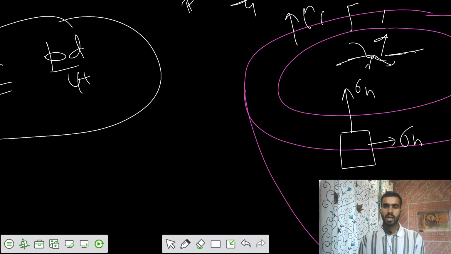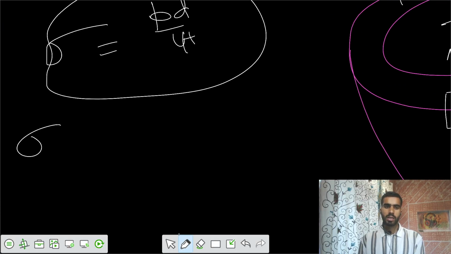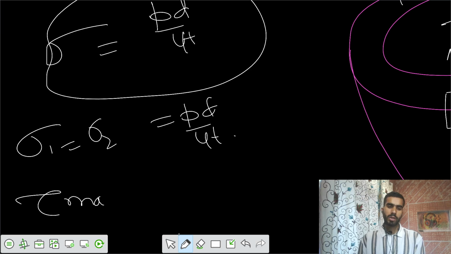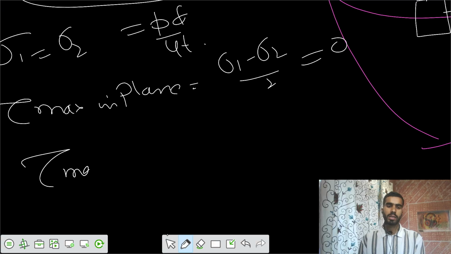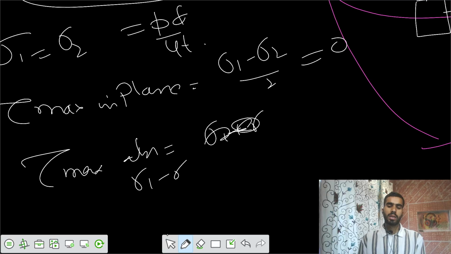Here sigma 1 equals sigma 2 equals PD by 40, and the value of tau max in plane equals sigma 1 minus sigma 2 by 2, that is 0. You can also calculate tau max absolute: sigma 1 minus sigma 2 by 2, sigma 2 by 2, sigma 1 by 2.